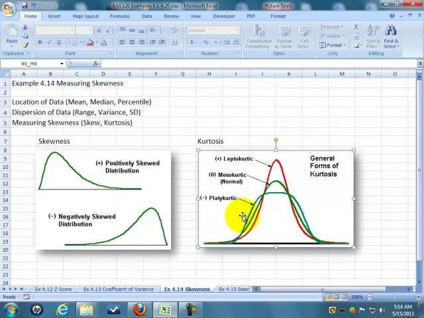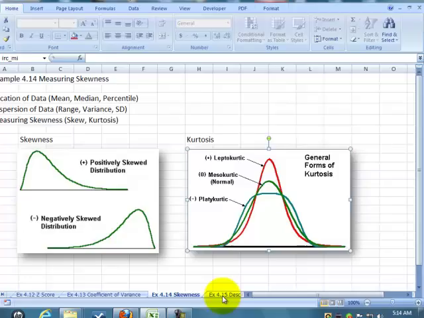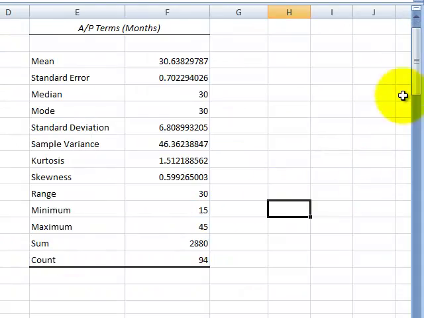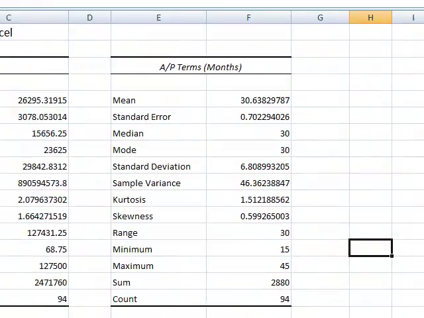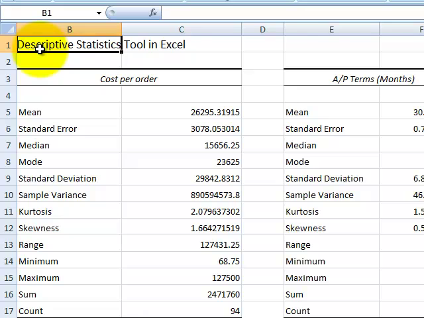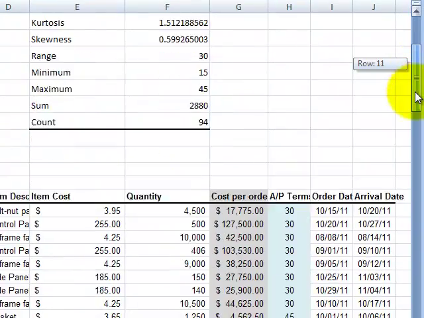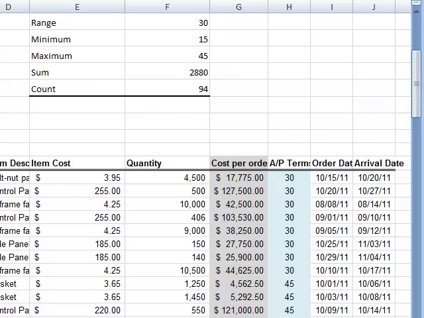So now we have measures of location, measures of dispersion, and measures of skewness. Now, let's move on to the next example because you'll see how all of this fits together. There is a tool. You're saying, how am I going to measure all of this stuff? There is a tool within Excel, and we've gone back to the purchase order data.